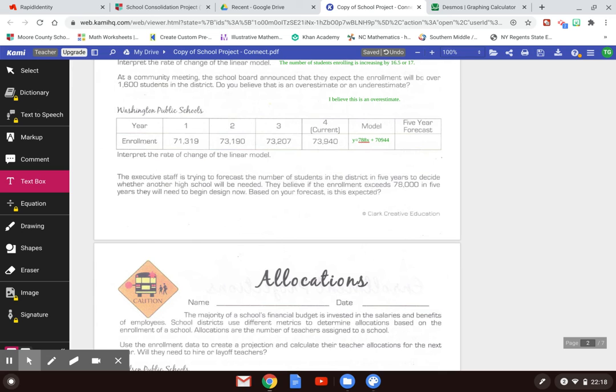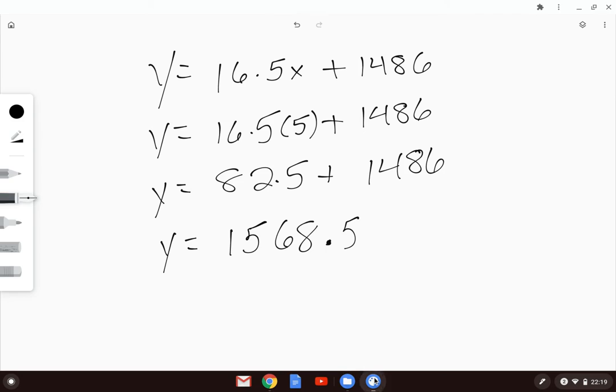Now it's asking you for a 5-year forecast. So same thing, you are going to insert 5 into this linear function.